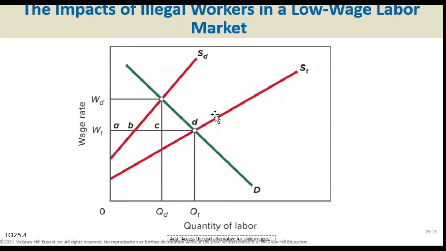The supply shift to the right puts a downward pressure on the wage from WD to WT. That reduces the equilibrium wage to WT.